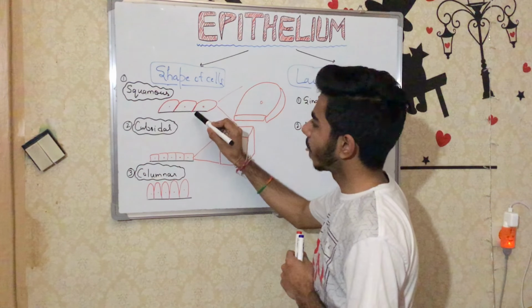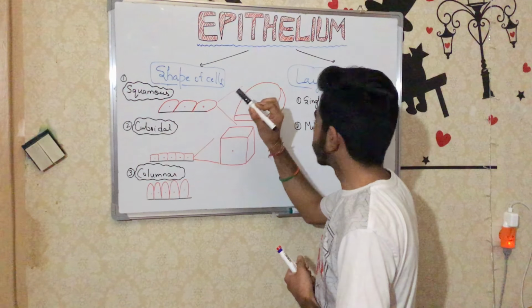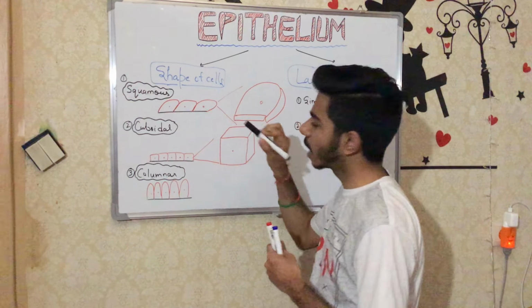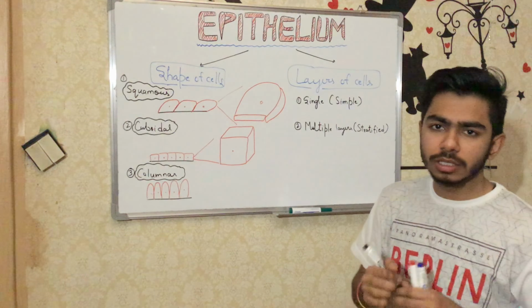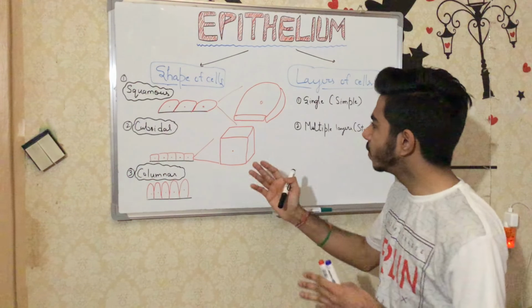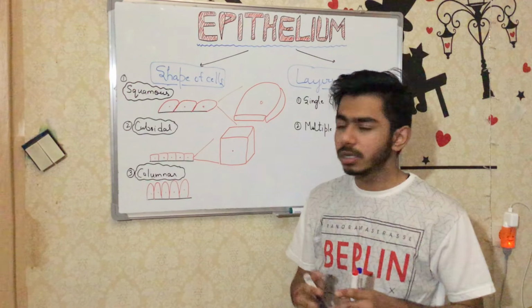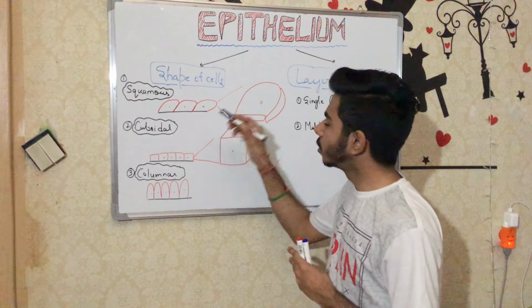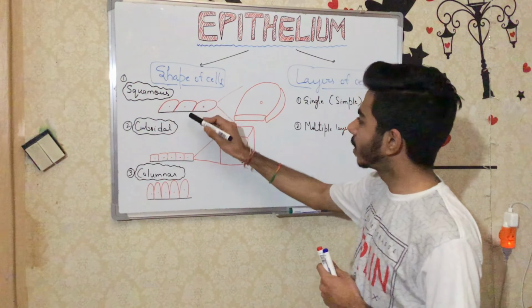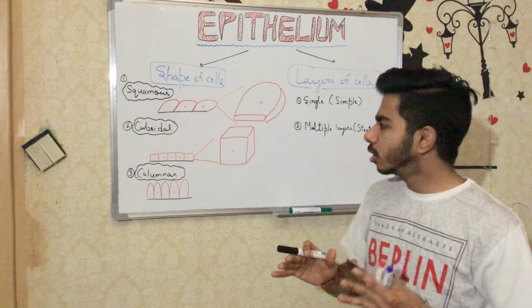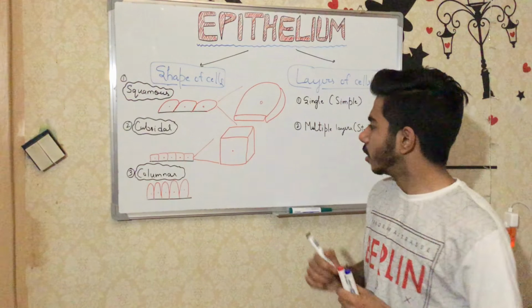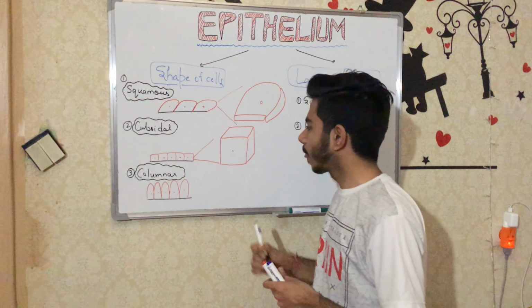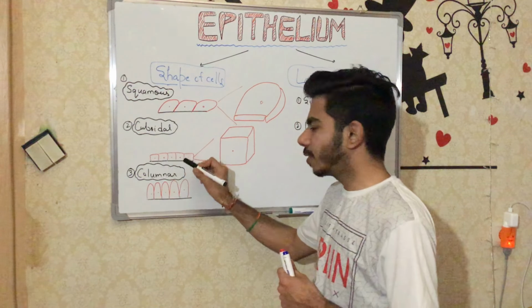So this is the simple squamous epithelium. Why is it simple? Because they don't have multiple layers, only a single layer. And we have the more flattened cells of the surface, so this is the simple squamous epithelium.